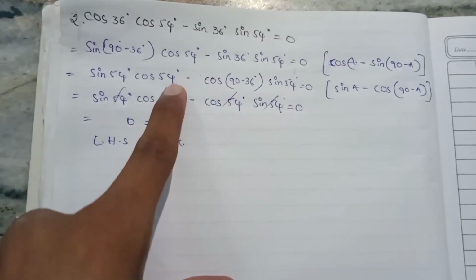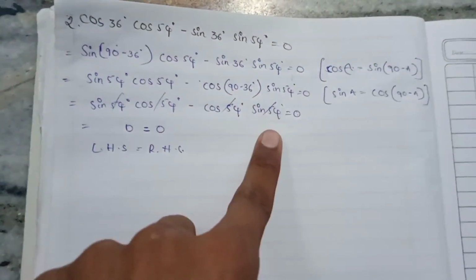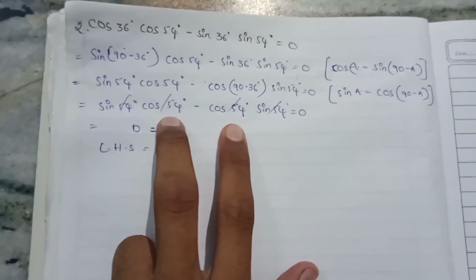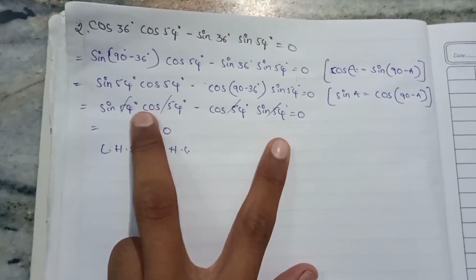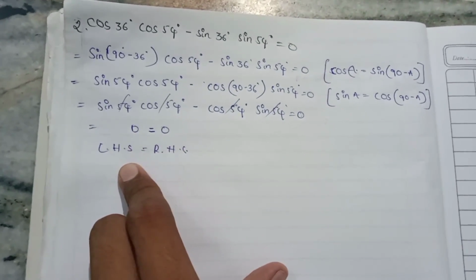Observe this: the cos 54 terms are equal, the sin 54 terms are equal. So both are cancelling. 1 minus 1 is 0. 0 is equal to 0. So LHS is equal to RHS.